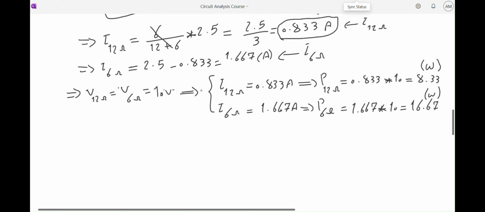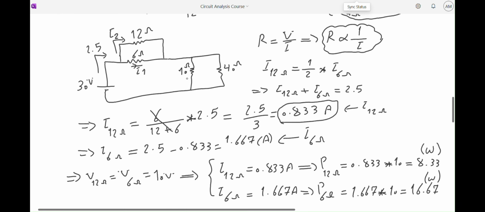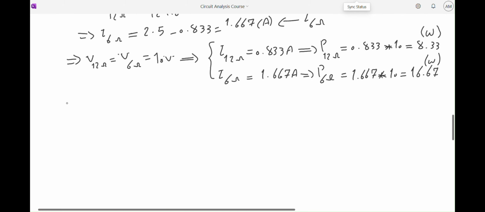Okay, we still need to figure out two more powers, the power across 10 ohm and the power of 40 ohm resistors. I know the current that flows into the combination of 10 and 40 ohm again is 2.5 amp. The current of 10 ohm plus the current of 40 ohm resistor has to be 2.5 amp.